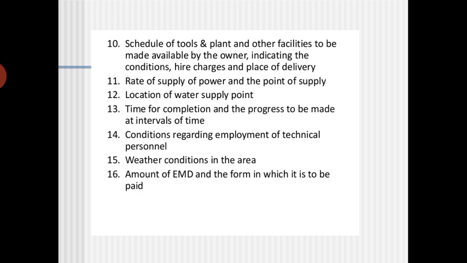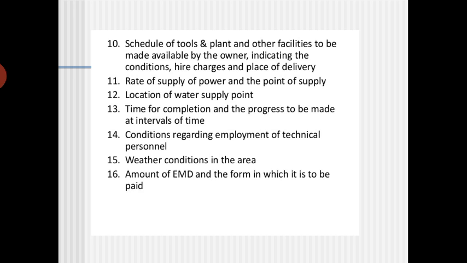Normally they won't give that much preference to the quality of work. So if the quality of the work has to be maintained, skilled persons are required and their qualifications have to be given in detail.